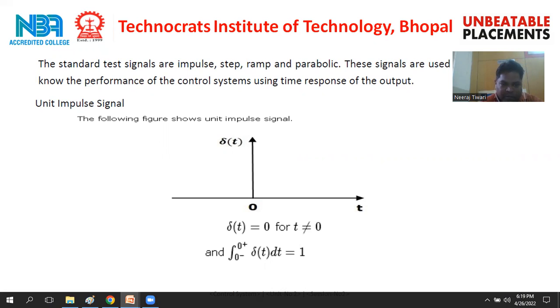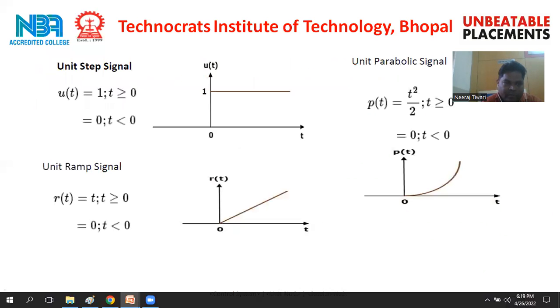So this is the impulse input signal. The impulse input signal is valid for t equal to 0. It is not valid for t not equal to 0. And this is the second, the unit step input. u(t) is equal to 1 when t is greater than or equal to 0, that is, for t equal to 0, 1, 2 and so on to infinity.